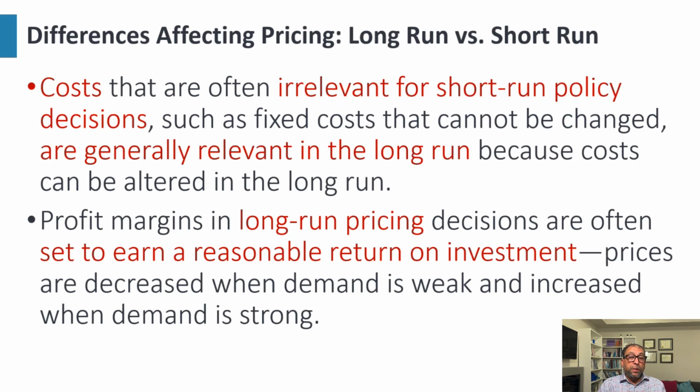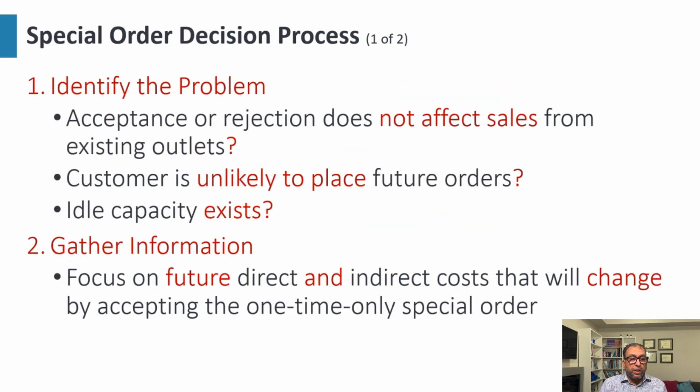So by keeping that view, in the long run, the price is set in a way that this objective of a specific rate of return on their investment should be achieved. So prices are decreased when demand is weak. Definitely in the long run, if the demand goes down, we have to adjust the price, and increase it when the demand is strong. So prices are more flexible in the long run based on the market conditions.